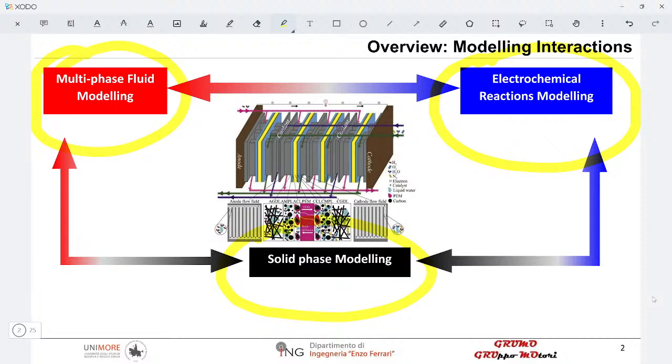But these reactions also produce currents that will travel along the solid components, the ionic current through the membrane and the electronic current through the conductive parts. So this is why, for all of these three simulation frameworks, we have a two-way interaction. All of these have to be coupled with the other two.